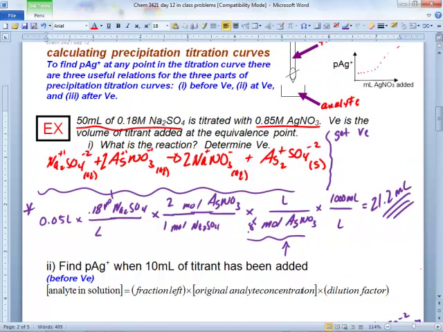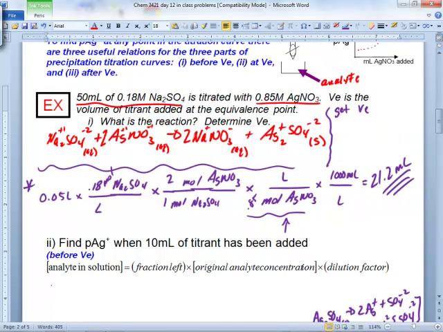Now the analyte, I should put what in brackets here? The silver or the sulfate? The sulfate. Remember? Because for two ways you know that. One is it's the analyte, because we said the analyte's in the beaker, and you also know I'm before VE. I have a lot of sulfate in there.